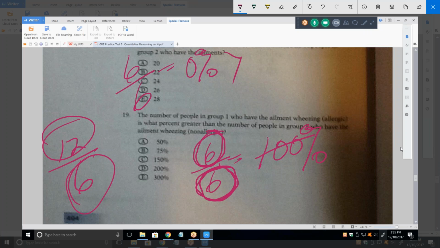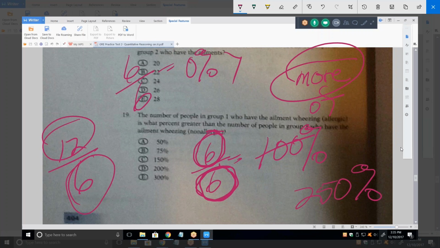So the real key question here is, are they asking more or of? If they were saying, what percent is group 1 of group 2, then this answer for our question would be 250%. But when they say, what percent is group 1 more than group 2, that is a different question.